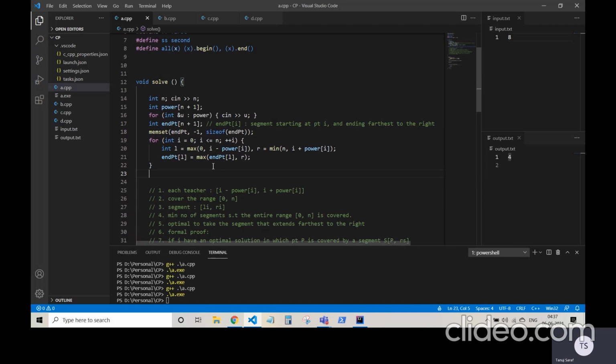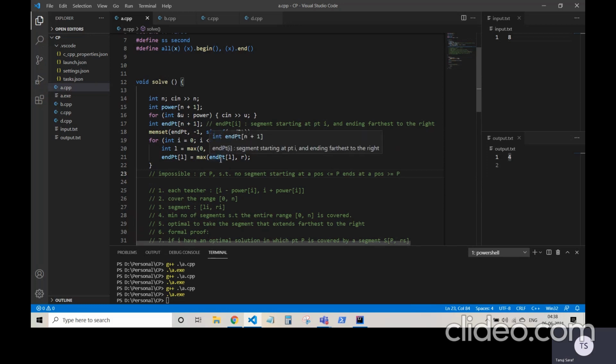So now let's think of the case when the answer is not possible. If the answer is impossible, then there exists a certain point P such that no segment starting at a position less than or equal to P ends at a position greater than or equal to P. I hope this makes sense.